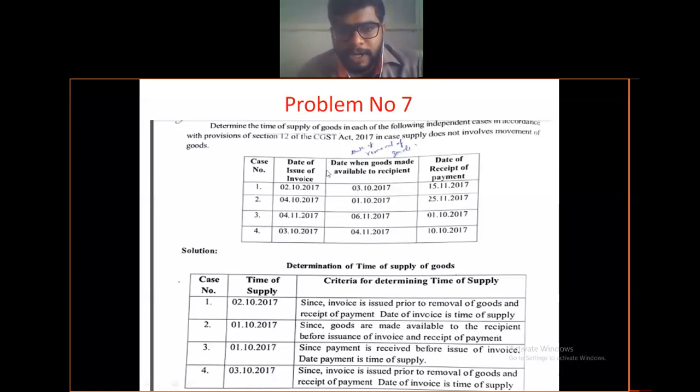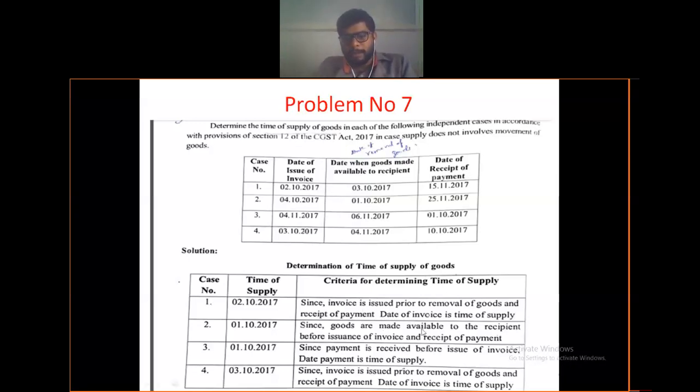Second one: date of issue of invoice is 4th October, date of removal of goods is 1st October, date of receipt of payment 25th November 2017. Which is the time of supply? 1/10/2017, because the invoice is issued after the removal of goods. Therefore, the date of removal of goods itself is considered the time of supply.